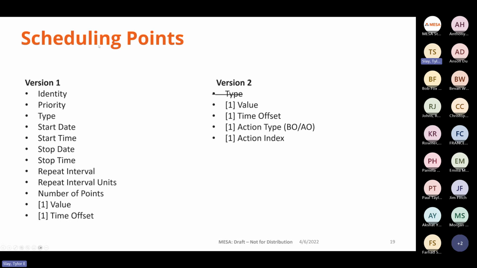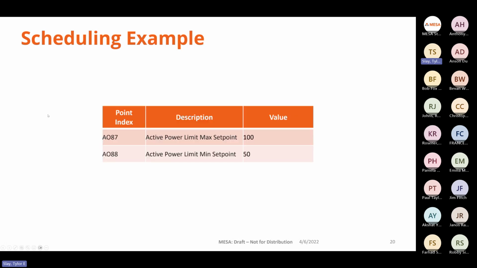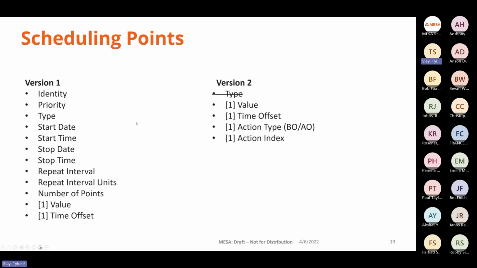For scheduling points, it's kind of similar. The scheduling has been broken into two versions. The older version, version 1, has an identity priority associated with it. So not only do controls have priorities, these schedules themselves can have priorities. A type for the schedule, a start date, start time, a stop date and time, a repeat interval, and the repeat interval units.